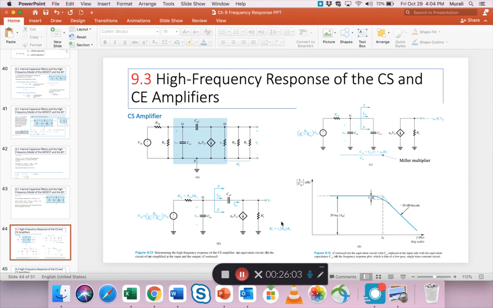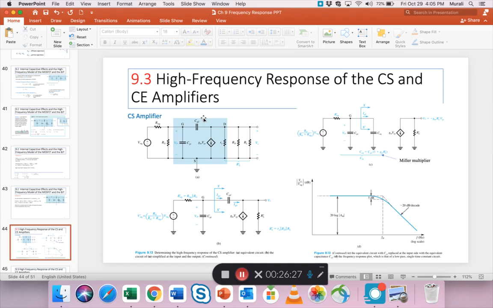Okay, so with that we finish 9.2. Now we move on to 9.3. Here we are dealing with real amplifiers, simple amplifiers, just one BJT or MOSFET. Again, we are not looking at cascode and current source loads.